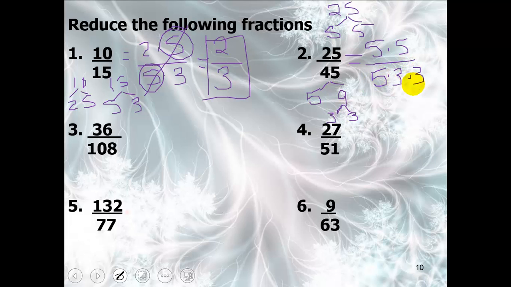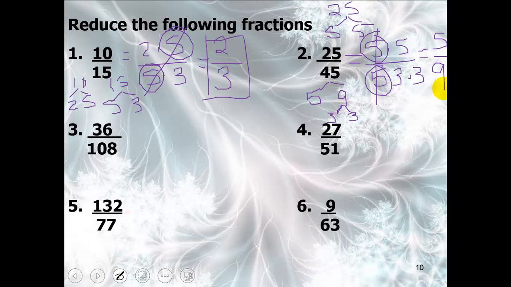I have a 5 in the numerator and a 5 in the denominator, and I'm going to cancel. The only thing left I have in the numerator is a 5. I have nothing more that I can cancel in the denominator, and there are no 3's in the numerator. So now I just multiply what's left over in the top and what's left over in the bottom. The top is 5 times 1, which is 5. The bottom is 3 times 3, which is 9.